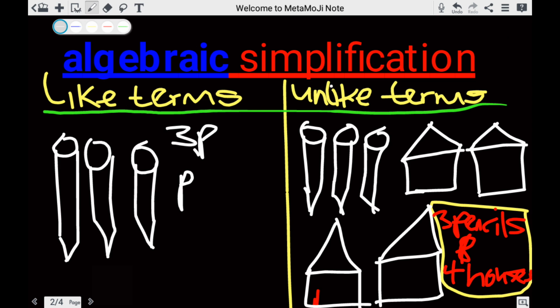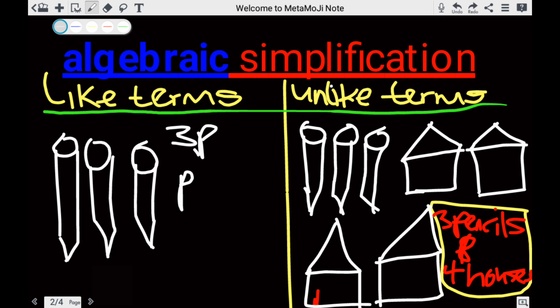So let's continue now. Pencils are non-like terms with houses in maths. So you can count these pencils together and simply say 3 pencils, but you cannot say 7 houses pencils.